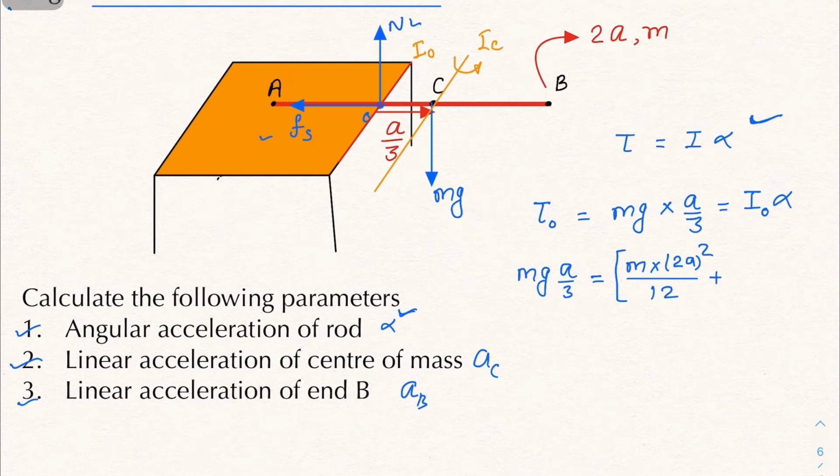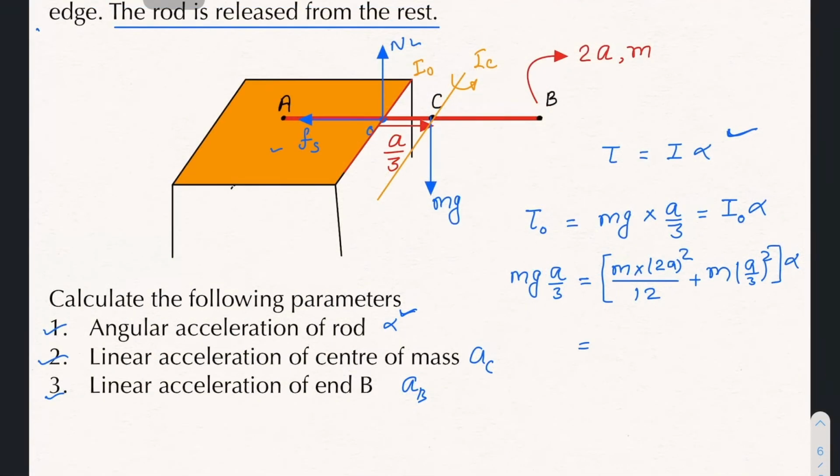So it is I_C plus md squared, where d is a/3. So it is m(a/3) squared, multiplied by alpha. If I take m a squared common, it will be 4/12, which I can write as 1/3 plus 1/9, times alpha. On the right hand side we have mg a/3.